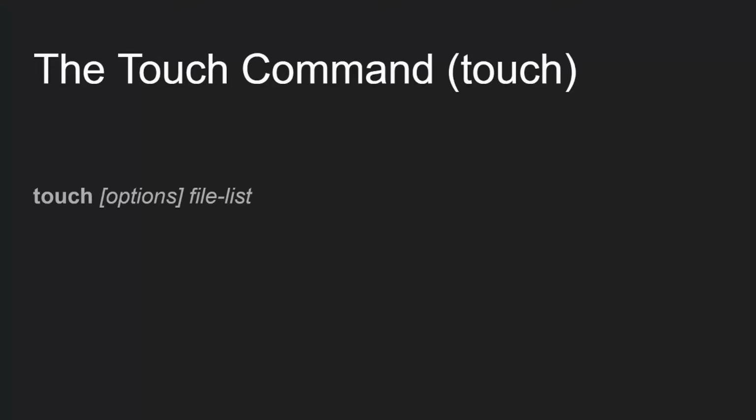The next command we'll learn to use is touch, which can be used to create a file or change a file's access or modification timestamp. Here you can see the syntax that begins with the command touch, followed by any options we'd like to pass to it, followed by a list of one or more files.